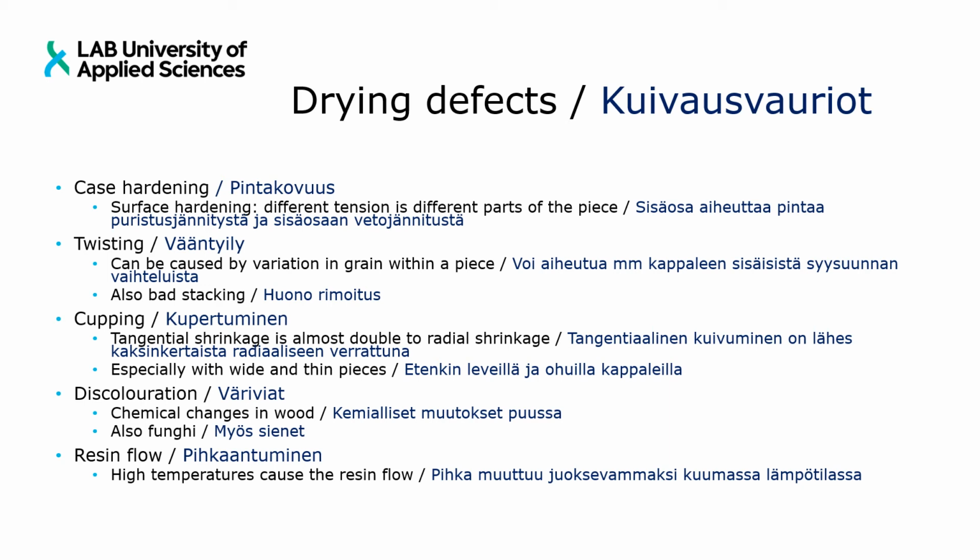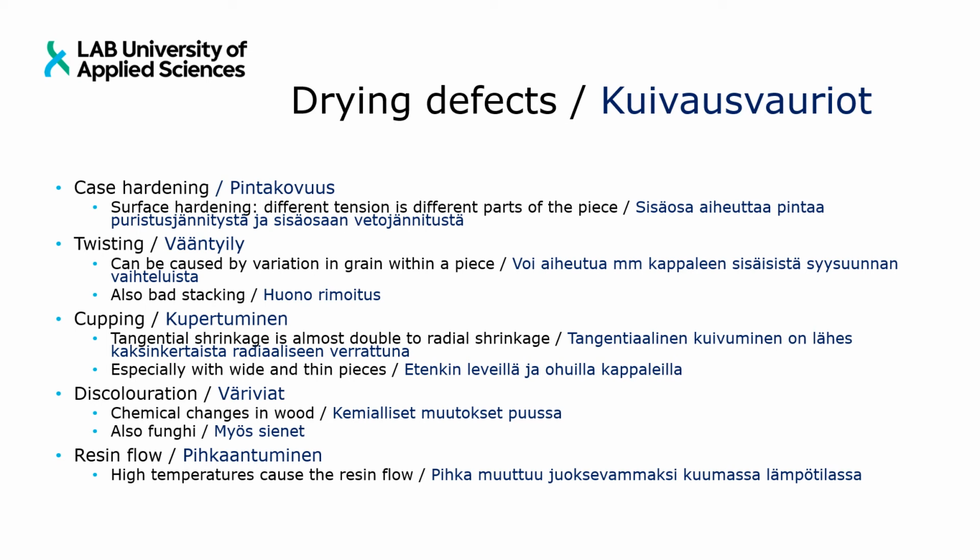Remember, that's not the kilning manager's or kilning foreman's favorite song. Twisting can happen because of the variation within the piece, also by bad stacking, and the pieces, when they are in the kilns, have room and possibility to move and live. So that's one cause for the twisting.